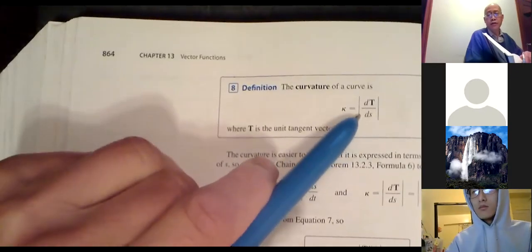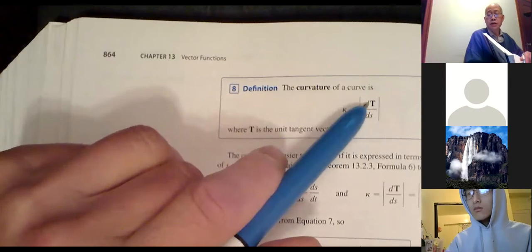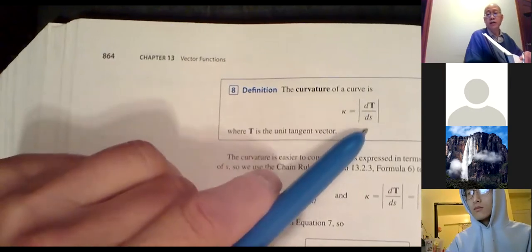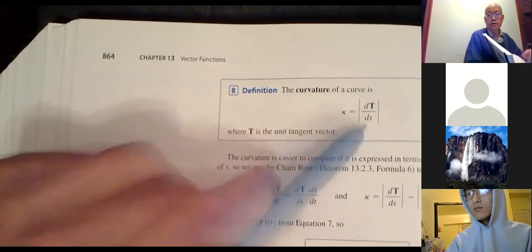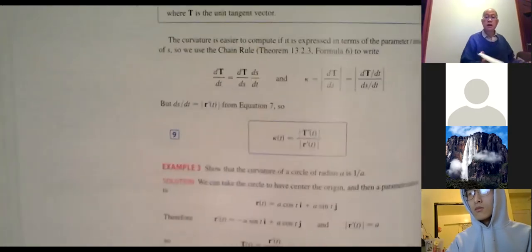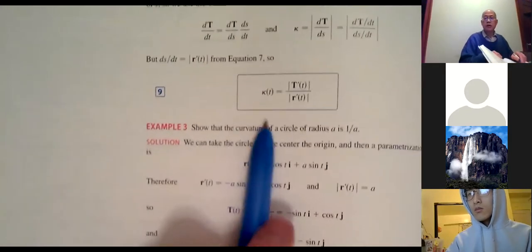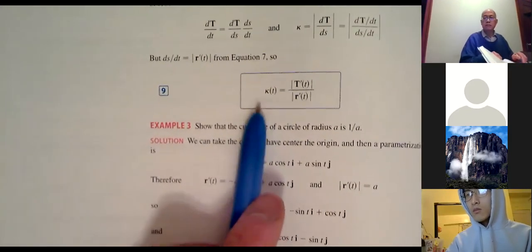Here are some of the other forms. This is true, but I would say don't even put that in your cheat sheet. They have some stuff here for derivation. Here's one formula you want to put in your cheat sheet.